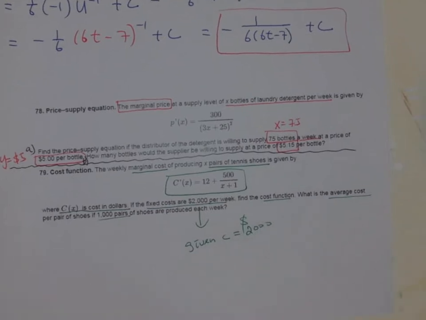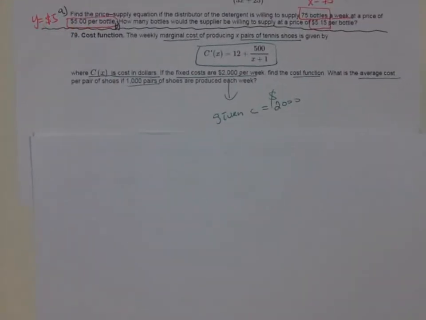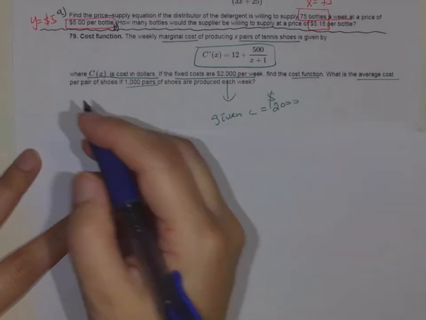Average cost per pair of shoes if 1,000 pair of shoes is produced each week. Alright, let's try it. They give you the marginal cost. To find the cost function, all you need to do is take the antiderivative, right? So if you want to, you can pause the video and try it.